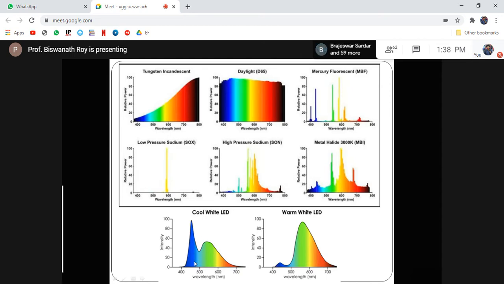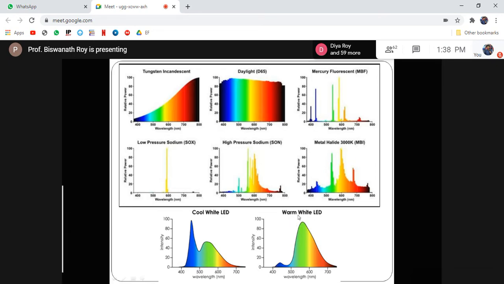Now, the spectral power distribution of the warm white LED, LED stands for light emitting diode. In the smartphone or every other normal traditional phone also, if there is a torch light, it is made of LED, light emitting diode. And there is the cool white light emitting diode and the warm white light emitting diode.